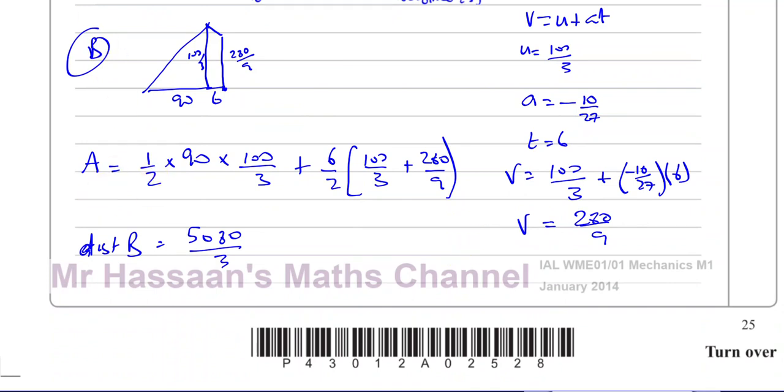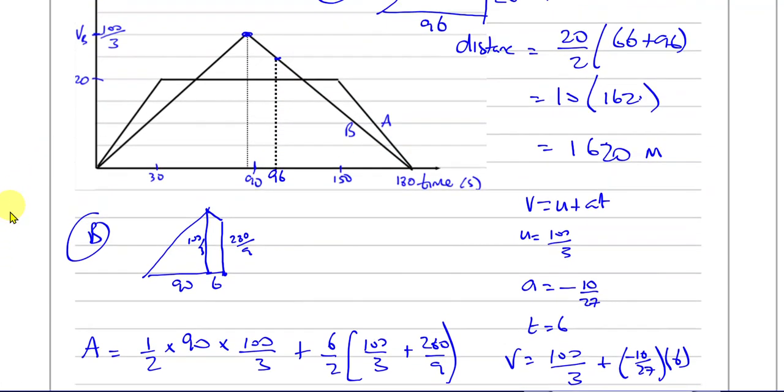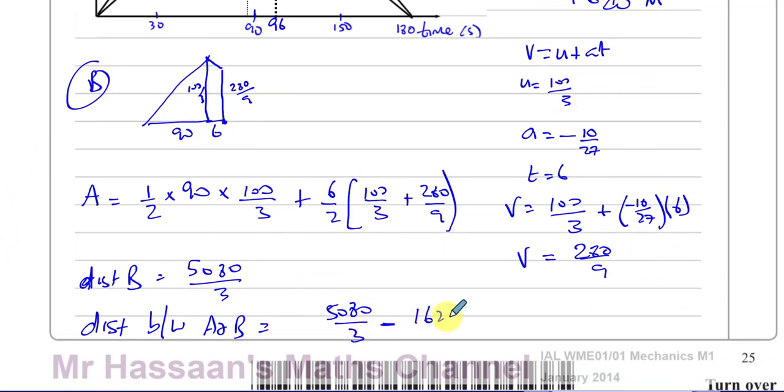So therefore we can say that the distance between A and B is going to be 5080 over 3, take away the distance that was traveled by A, which is 1620.